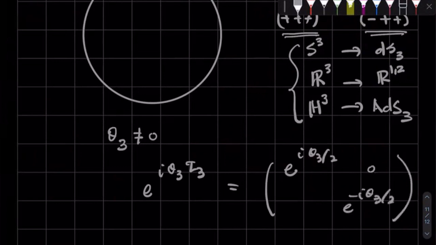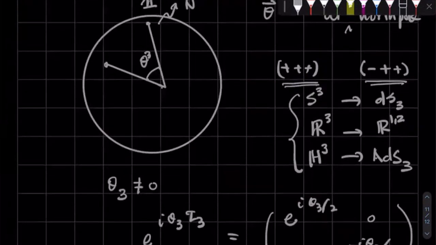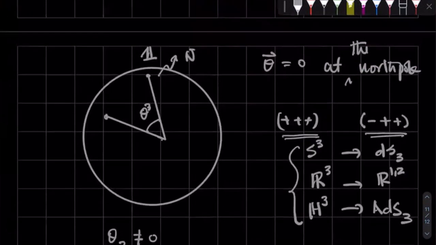Okay. So theta 3 would be some angle subtended at the center, and then this element would be represented by the end of this arc.